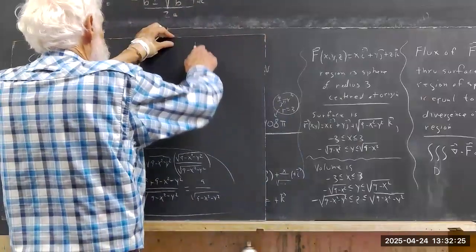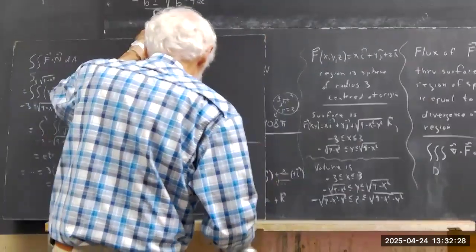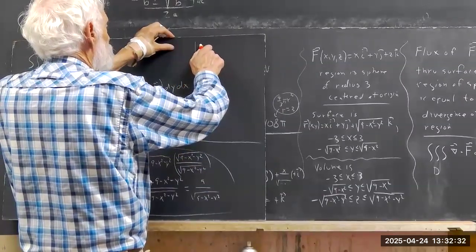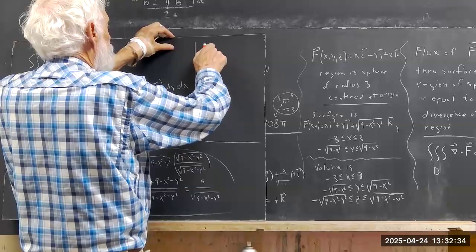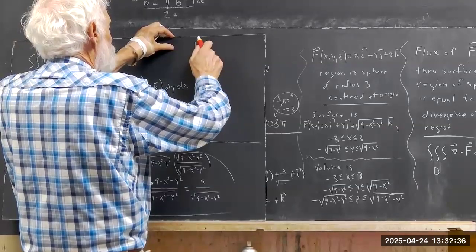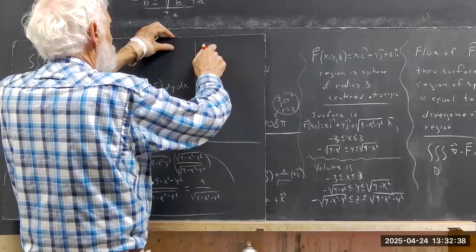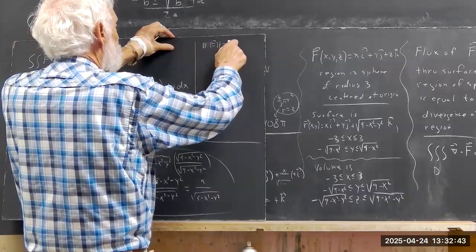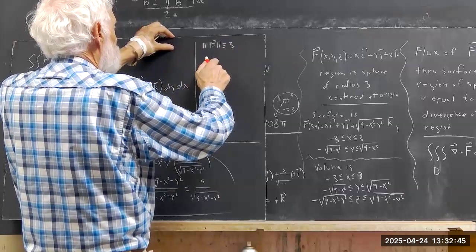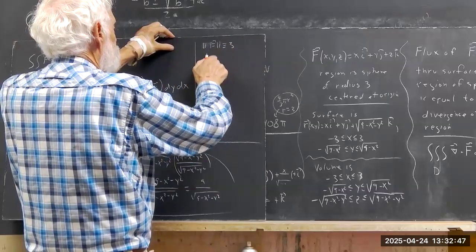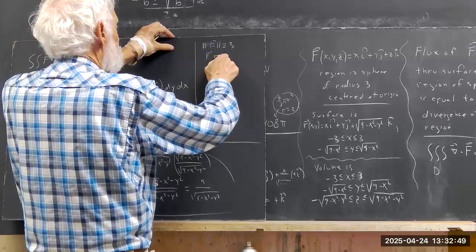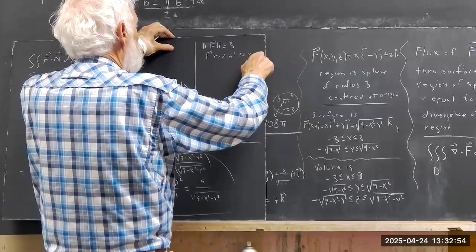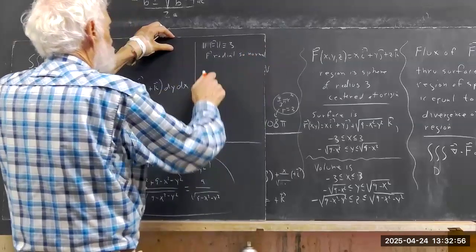So the magnitude of F is always equal to 3. Its radius is normal.